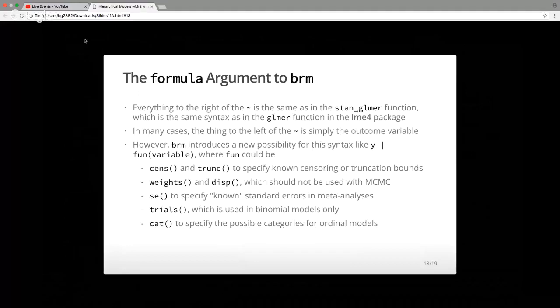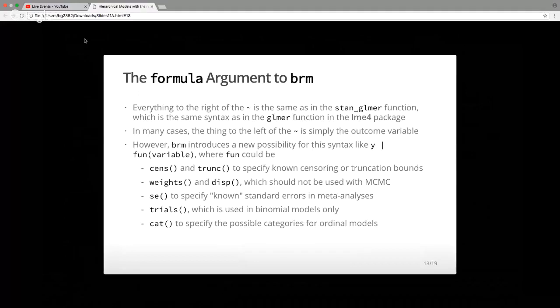And there's some additional syntax for estimating even models that only have one outcome variable, using another vertical bar. So to the right of the first vertical bar and to the left of the tilde, you can have cens and trunc to indicate whether the outcome is censored or truncated. If you're doing meta-analysis, you can specify the standard errors of the underlying studies that you're meta-analyzing.